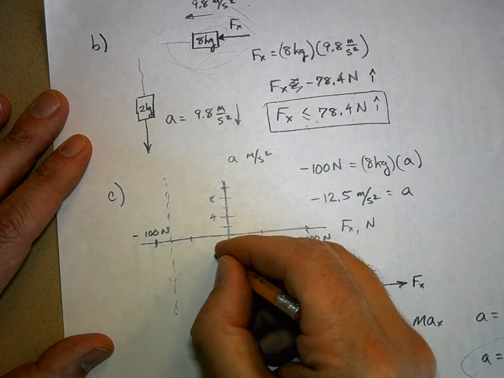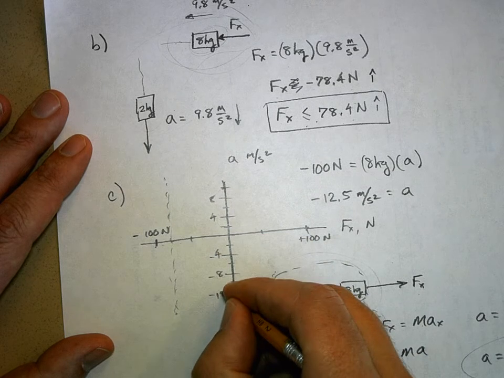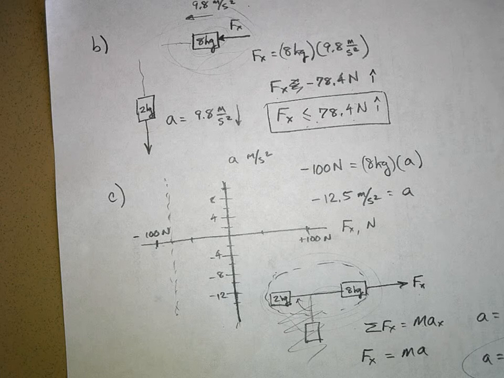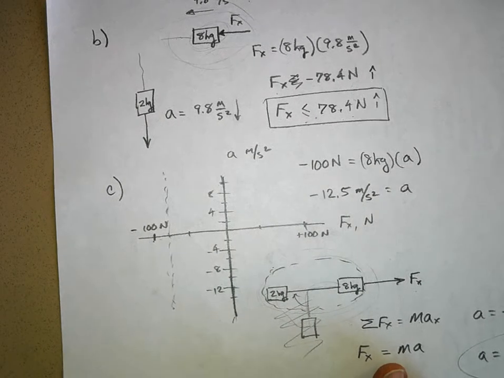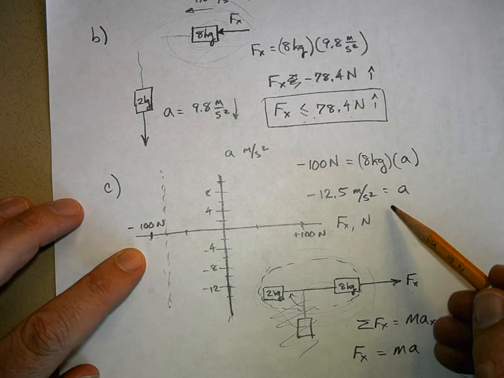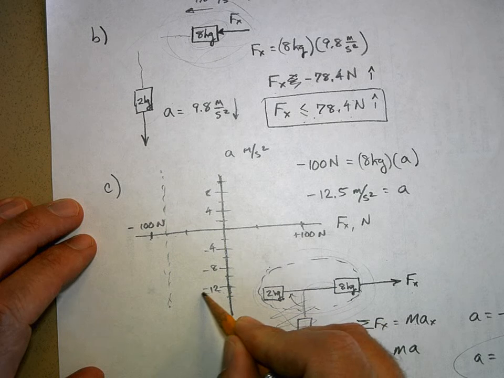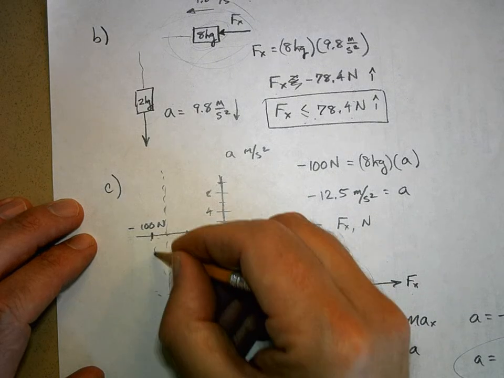So negative 4, negative 8, negative 12. I'm now going to be able to plot this, because at negative 100 newtons, the acceleration was negative 12.5. So here's negative 12.5. I'm going to come over here like this, and there's my point.